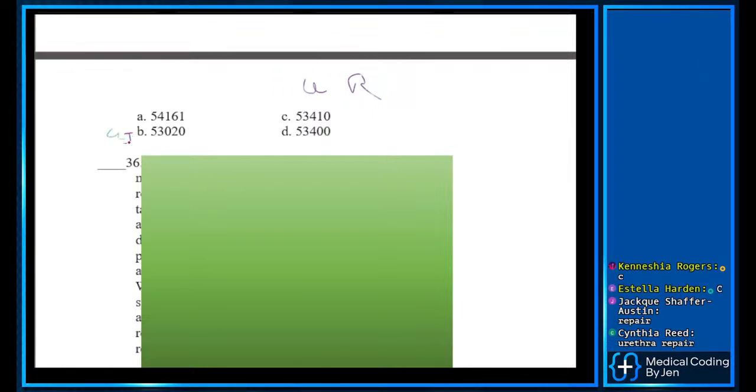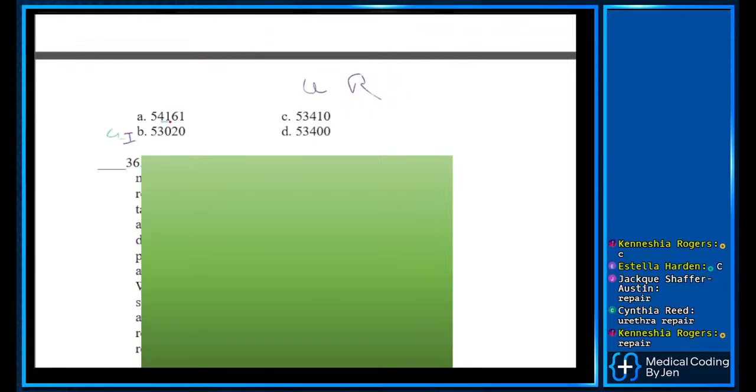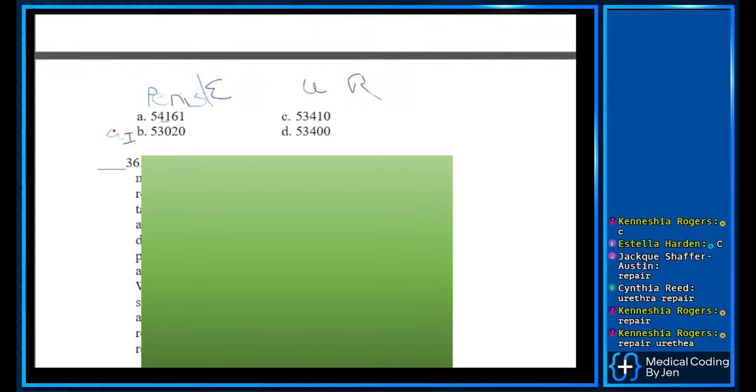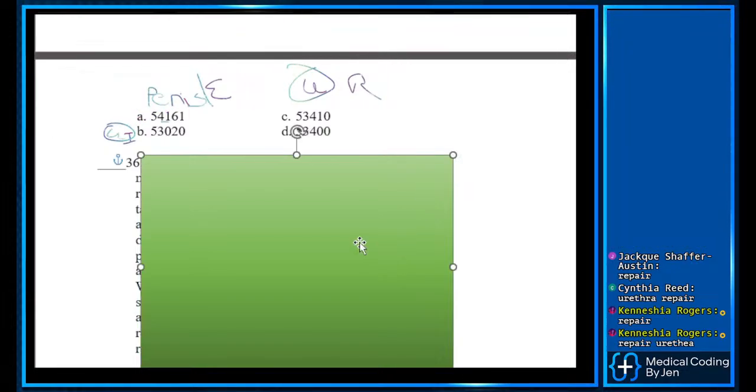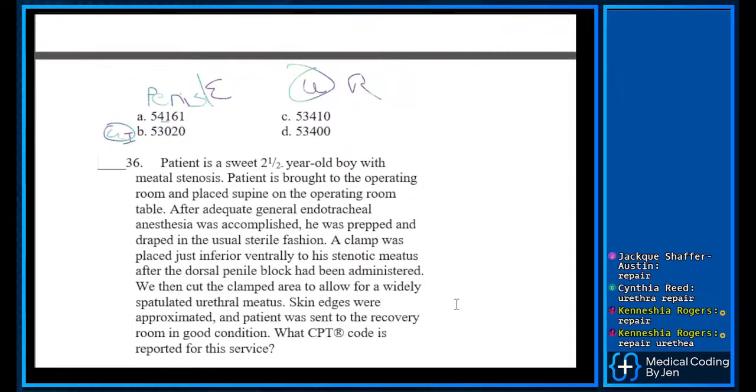If we're 541, 61, we're under this word that I cannot say, I'm sure. And we're doing an excision. So, are we under the red header urethra? Because 3 of our answers are under urethra and only 1 answer is under that answer. So check your question. What body part are we dealing with?